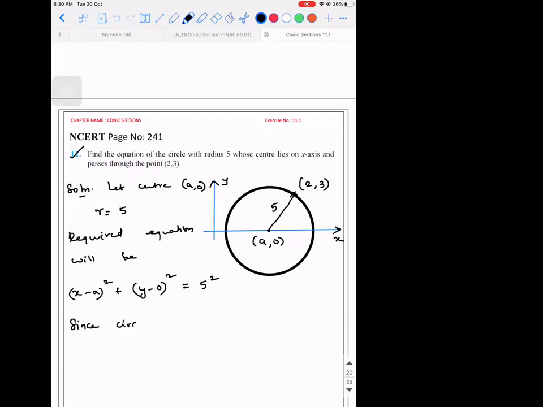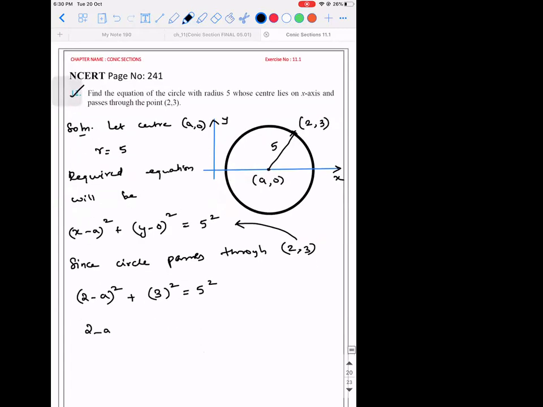since the circle passes through 2 comma 3, it will satisfy this equation. So it is satisfying means 2 minus a the whole square plus 3 square is equal to 5 square. So 2 minus a the whole square is equal to 25 minus 9, that is 16.